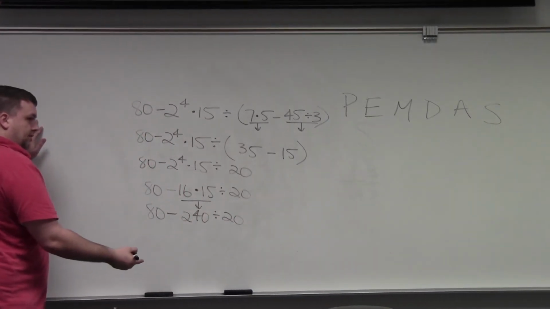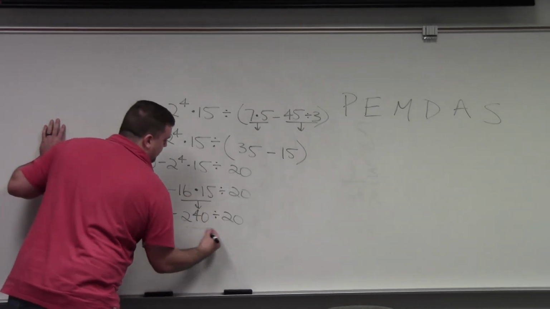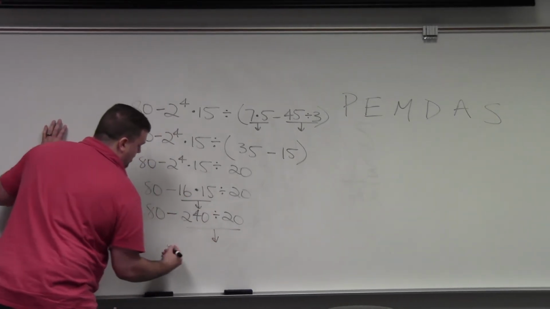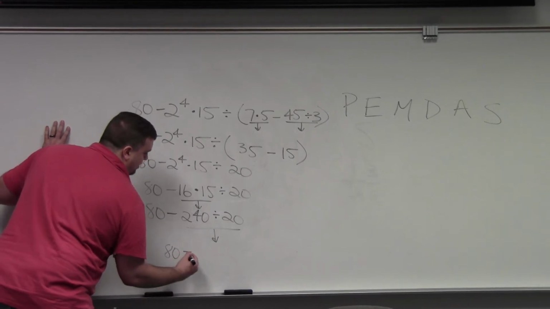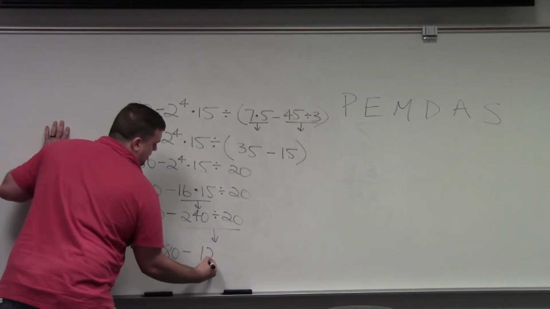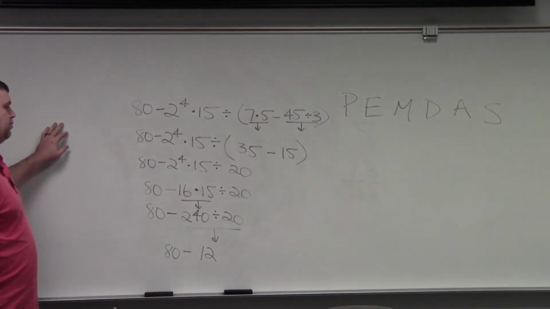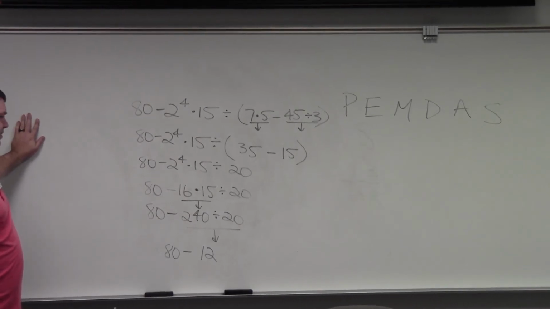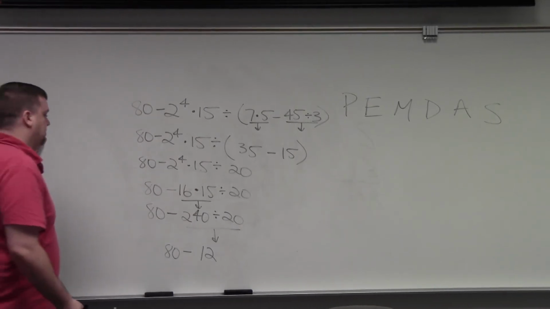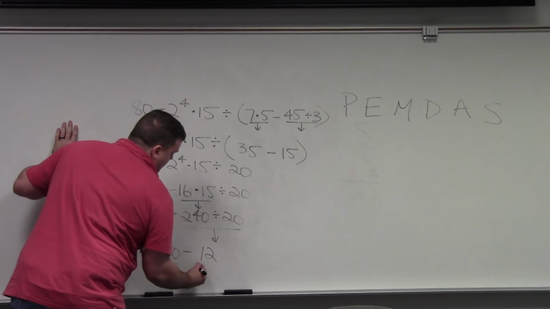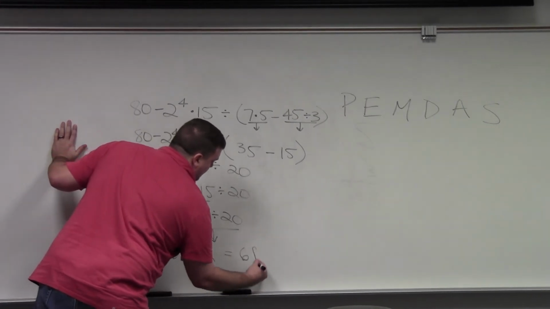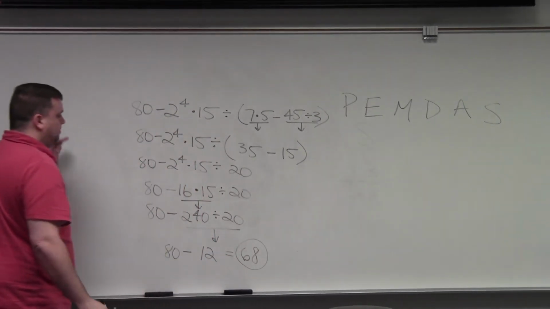And then I have to take care of the division. That was the next order, going from left to right. Good. So 80 minus 240 divided by 20 is 12. Gives you 68. So 80 minus 12 ends up giving us 68.